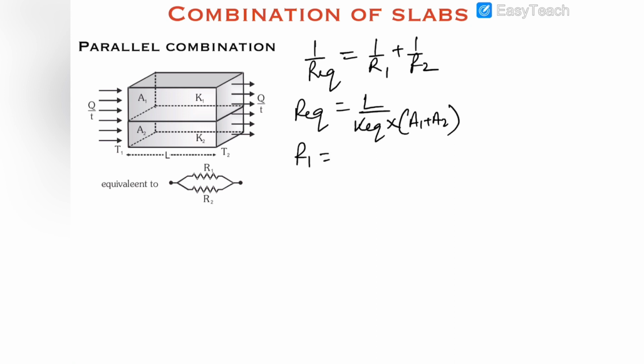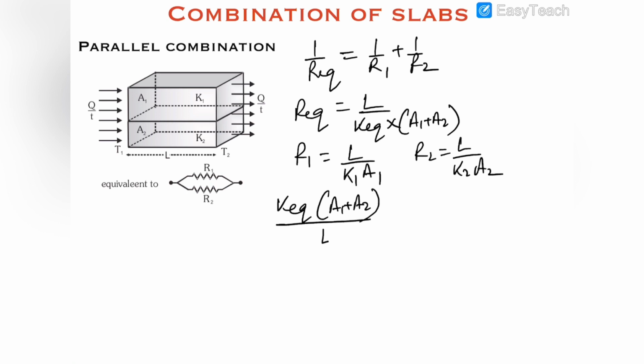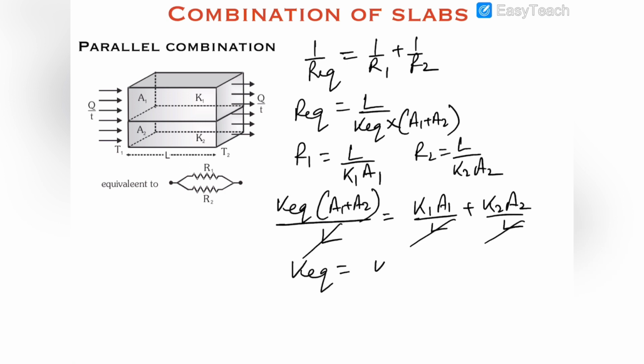And R1 will be equal to L by K1A1, and R2 will be equal to L by K2A2. So you can see that K equivalent into A1 plus A2 upon L will be equal to K1A1 by L plus K2A2 by L. So K equivalent will be equal to K1A1 plus K2A2 by A1 plus A2.